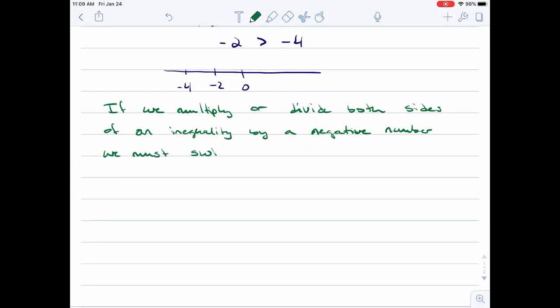We must switch the inequality. Otherwise, it won't be true anymore. That's one thing that we have to keep in mind.